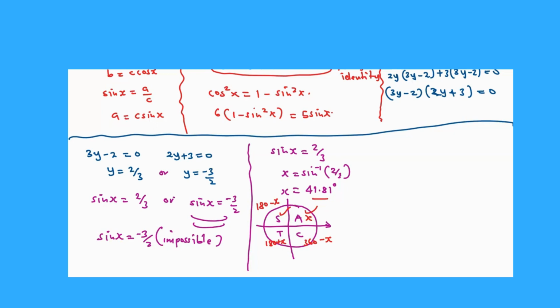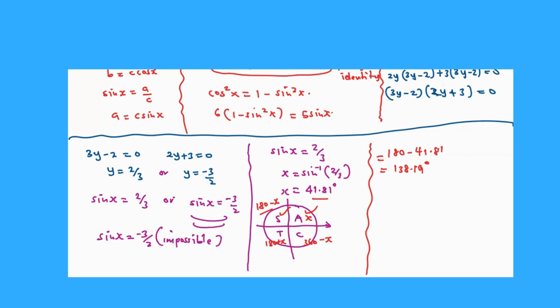It is just 180 minus x, and x is 41.81. So we take 180 minus 41.81, which gives us 138.19 degrees.